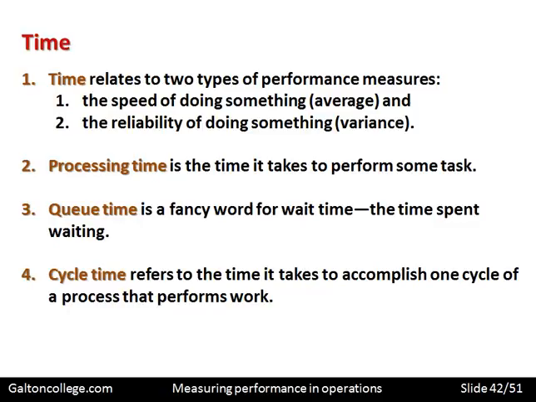The queue time, what items are waiting to be completed and why are they waiting? What's wrong? Why can't they be done now? And the cycle time, how long does it take to complete all of the tasks to complete one particular job? One job may be made up from several tasks. So how long does it take to complete all the tasks? What's the cycle time?